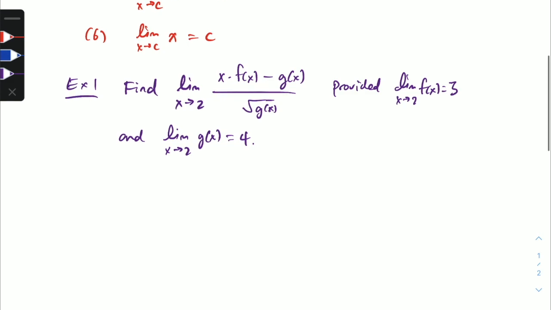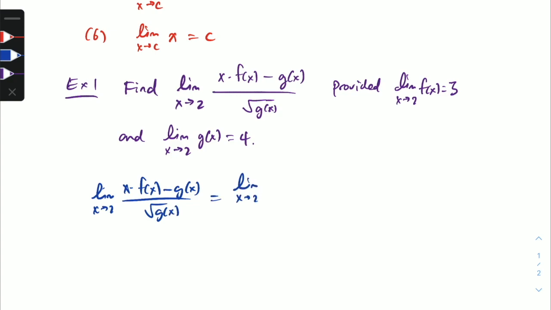All right, so first thing we note is that this is a quotient. So the limit of a quotient is the quotient of limits. So this limit as x goes to 2 of this quotient is going to be the limit of the numerator over the limit of the denominator, like so.